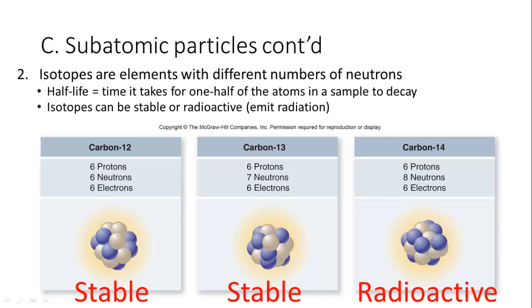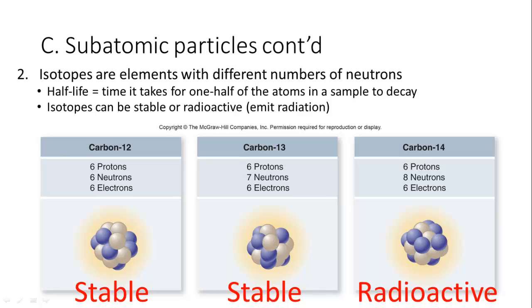Now if protons determine what element an atom is, the other subatomic particles in the atom determine other properties, including the charge and mass. So it is possible to have atoms of the same kind that have a different mass. An example we have here is carbon-12, carbon-13, and carbon-14.